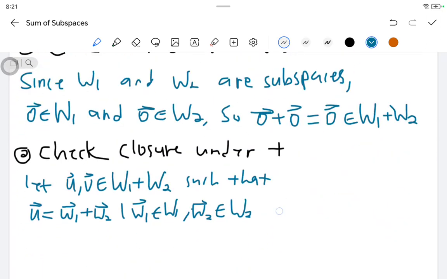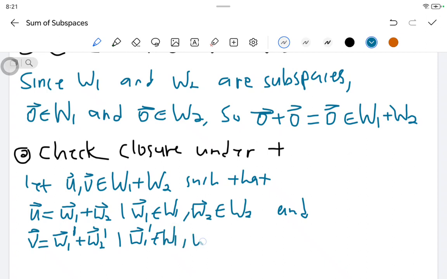And now I take v to be w1 prime plus w2 prime, where we know that w1 prime is an element of W1 and w2 prime is an element of W2.